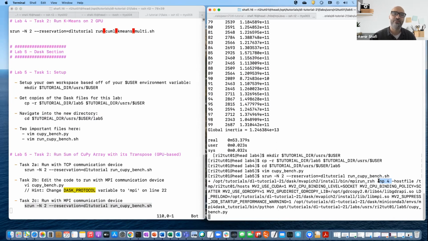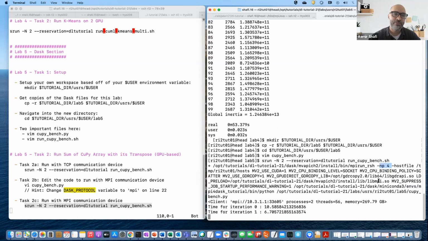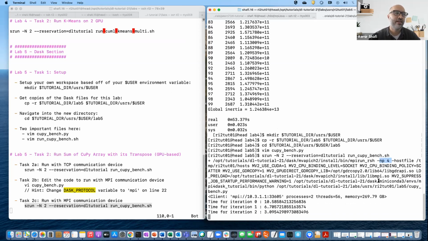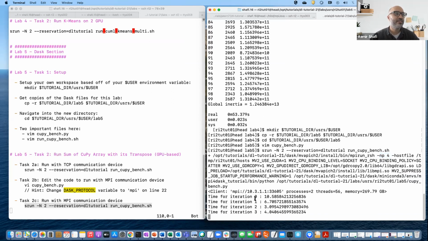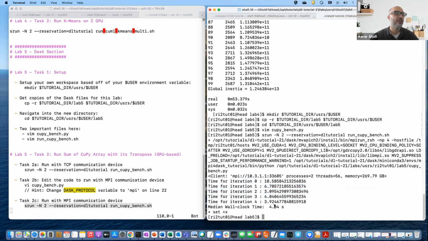These workers do computation on the GPUs. As you can see in the slides, we get around 3.4x. You can try it yourself, and when you compare the performance of a TCP communication device with an MPI-based communication device, you will see around 3 to 4 times speedups, which is pretty substantial. We executed this benchmark 5 times, and the median wall clock reported here is 4.04 seconds.